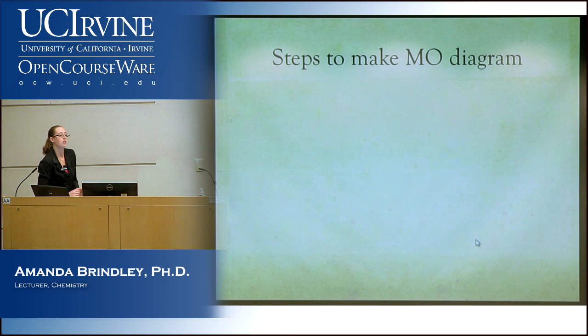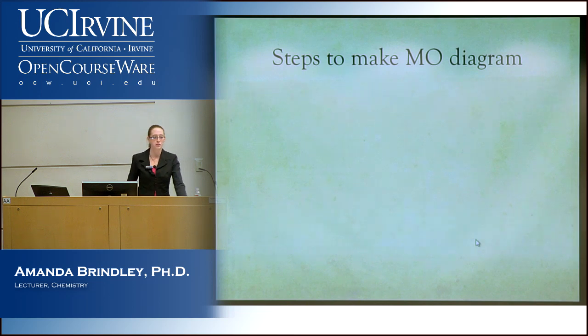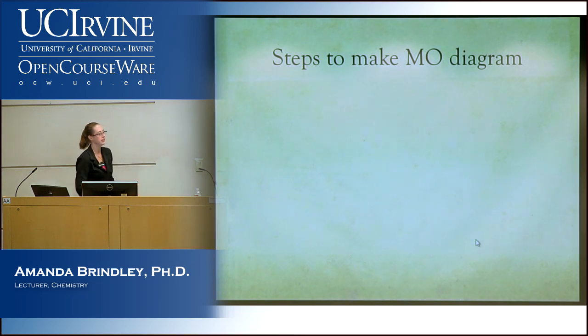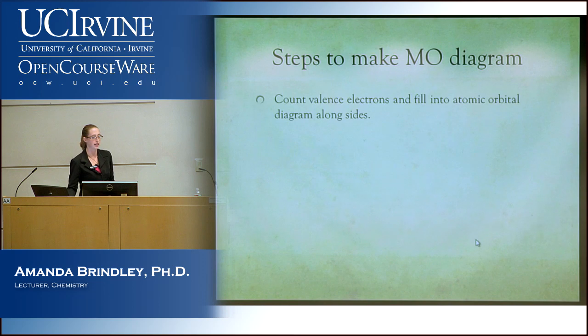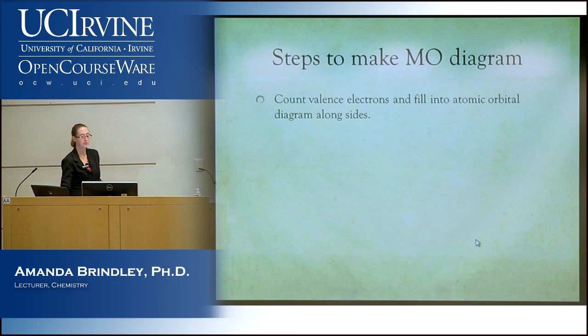Okay. So when we go through and we make these, I've already shown you a few of the simpler ones, but this is my way of stepping out all of the steps for you before we move on to the more complicated ones. First step is you're going to draw your atomic diagrams, okay? So the same things that we drew on the last midterm material, you're going to need to be able to do that again.